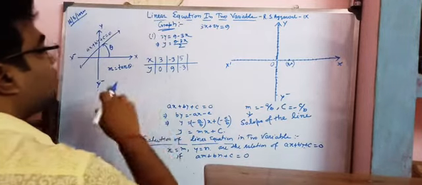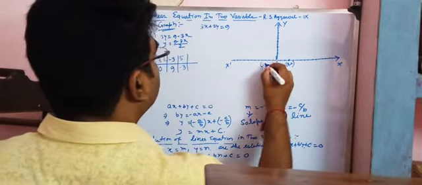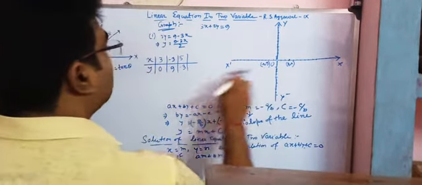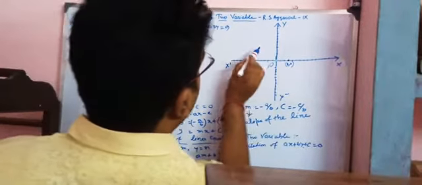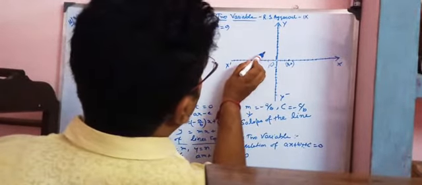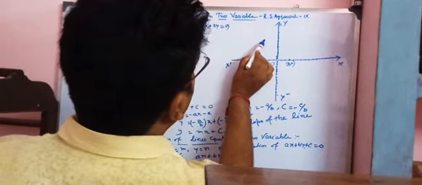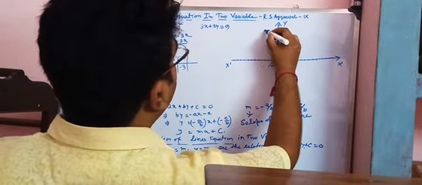Next, x is equal to minus 3, y is equal to 9. This is minus 3. Now 9: 1 2 3 4 5 6 7 8 9. So this is my 9.